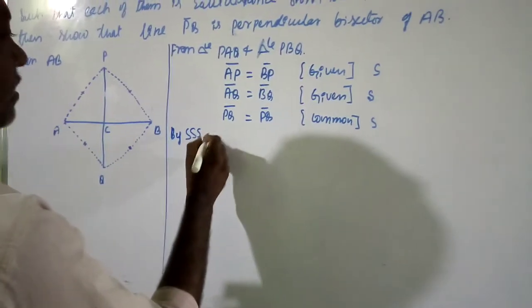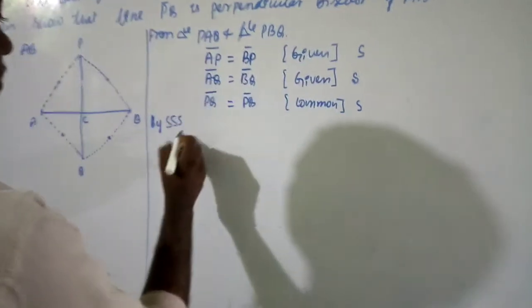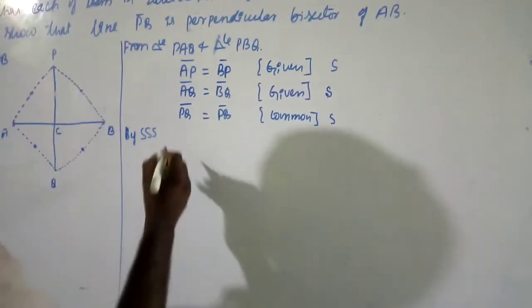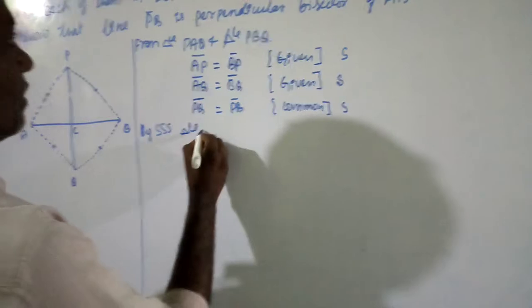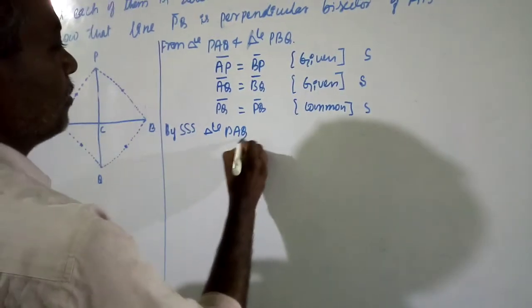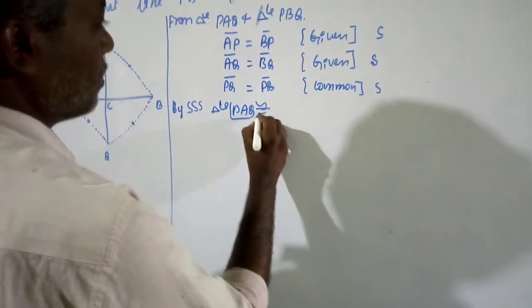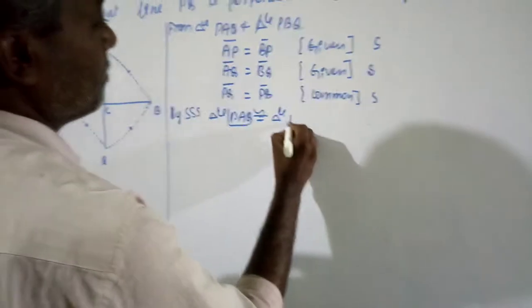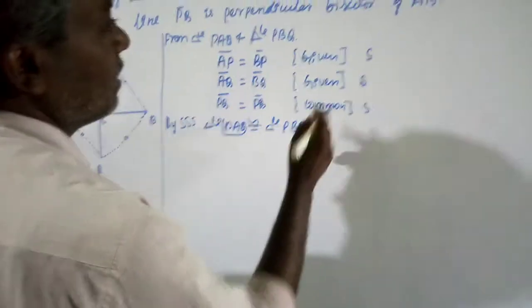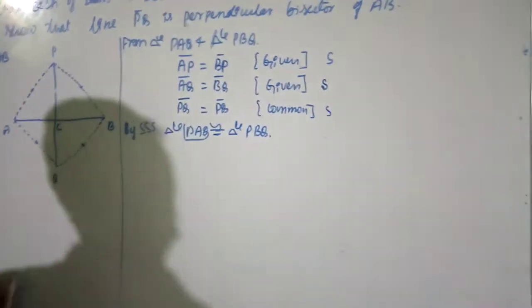Okay, by SSS congruence rule, triangle PAQ is congruent to triangle PBQ. Correct? By the SSS rule, these two triangles are congruent.